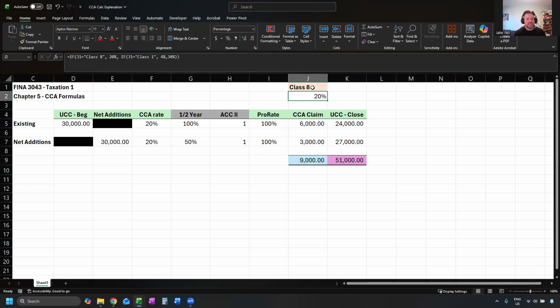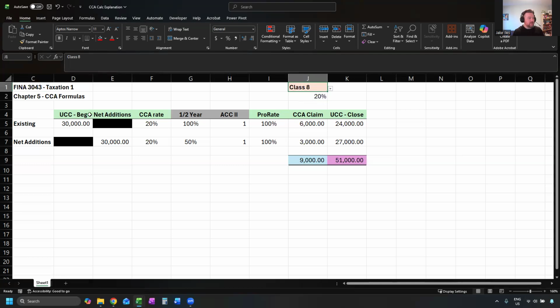Class 8 is general equipment, and they use 20%. Class 1 is buildings. They amortize at a slower rate because they last longer, so it's 4%. Class 10 is automotive equipment, or pretty much any equipment that has an engine. That's 30%. So the CCA rate determines how much of our UCC we can expense in a given year.